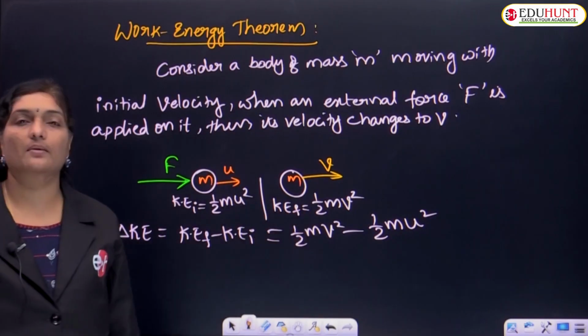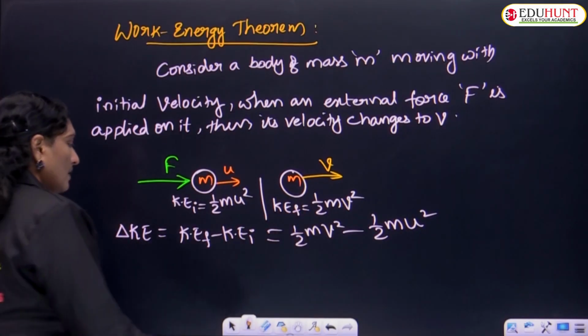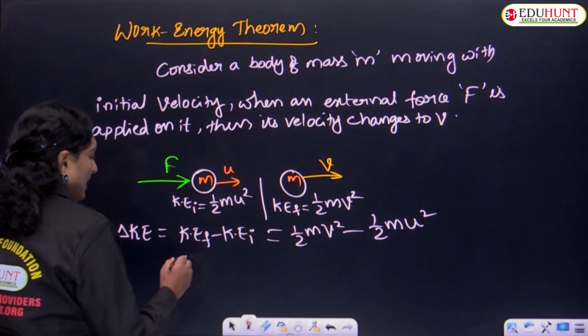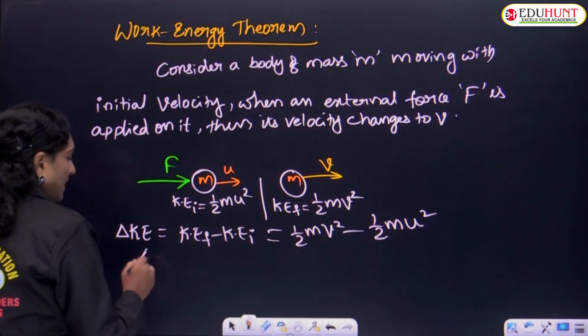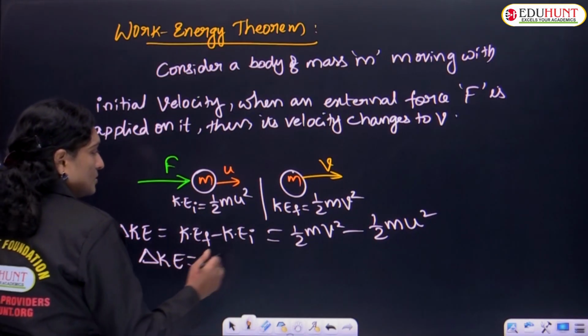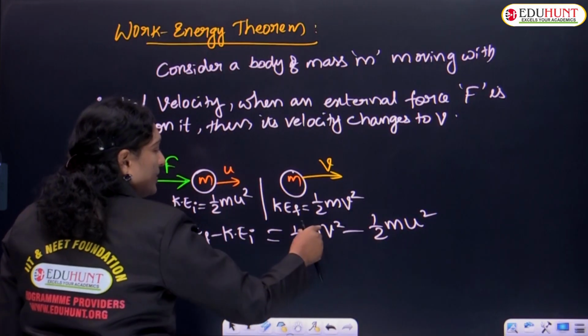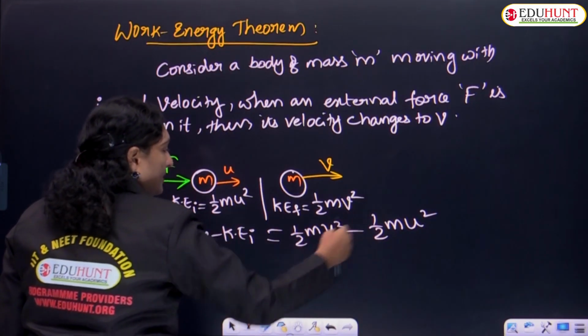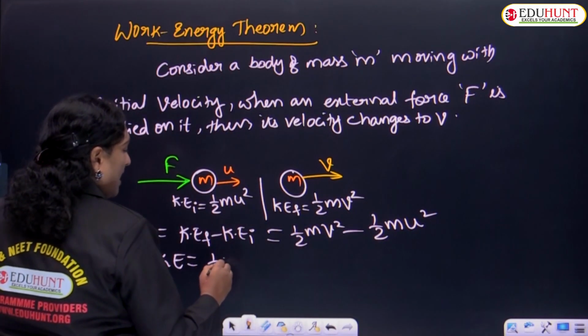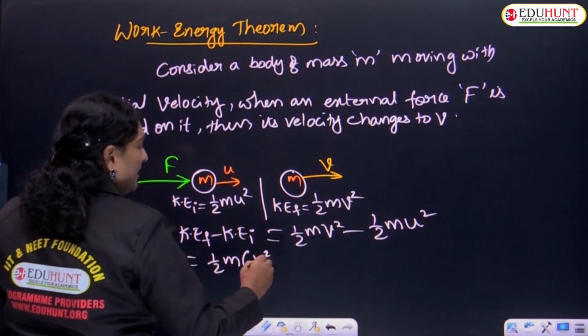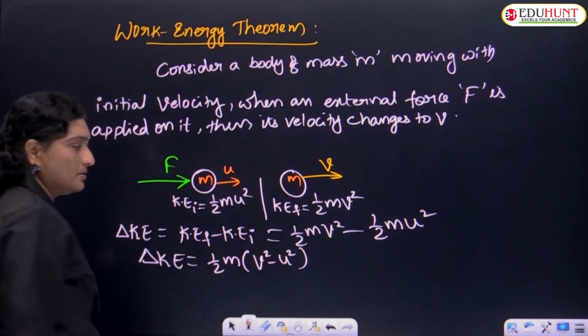Half m v square minus half m u square. After simplifying, delta KE equals, taking half and m as common, you are left with v square minus u square.